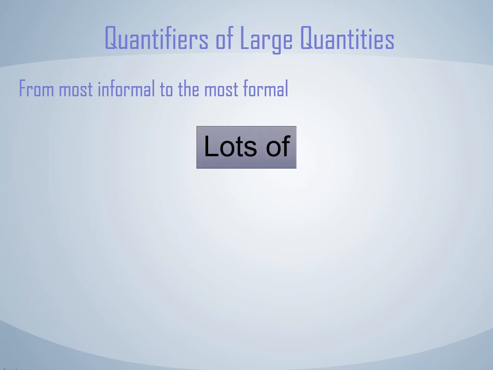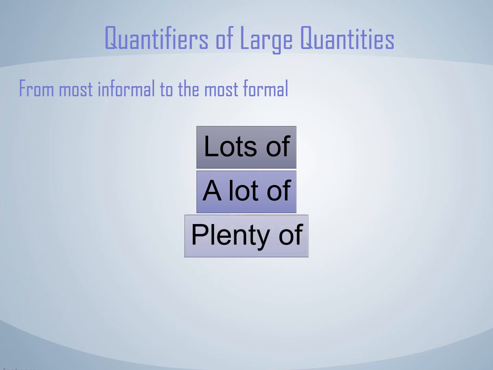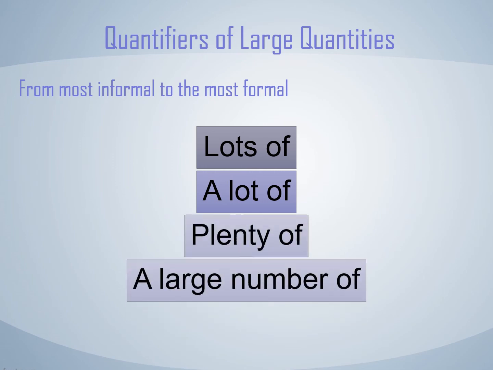First of all, lots of, and we are going from the most informal to most formal. Lots of is the most informal. So a lot of is better than lots of, then plenty of is better than both of them, then a large number of is better than all the above three, then numerous would be the most formal to use.